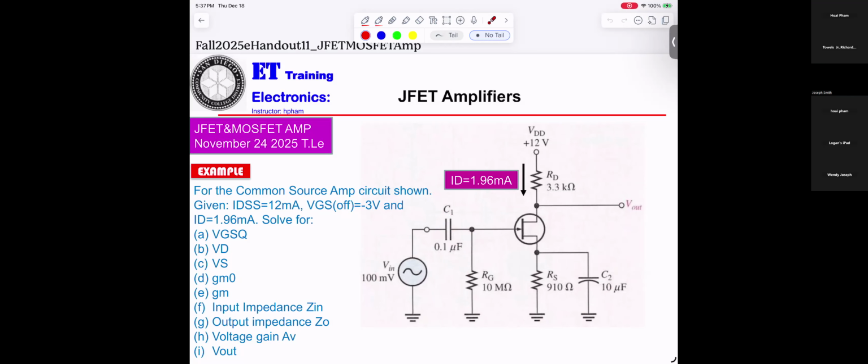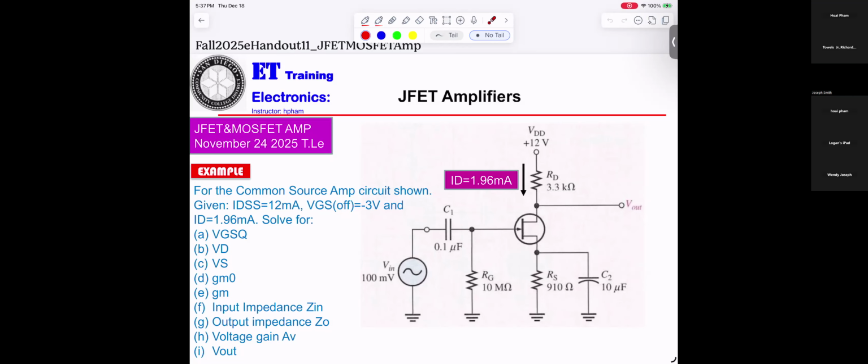Now, in order to solve for self-bias, normally, as I already told you, you have to use a graph. However, technicians, we don't care about the graph.